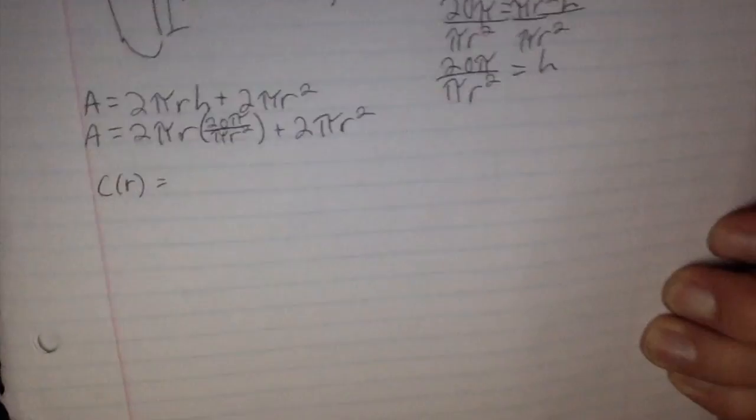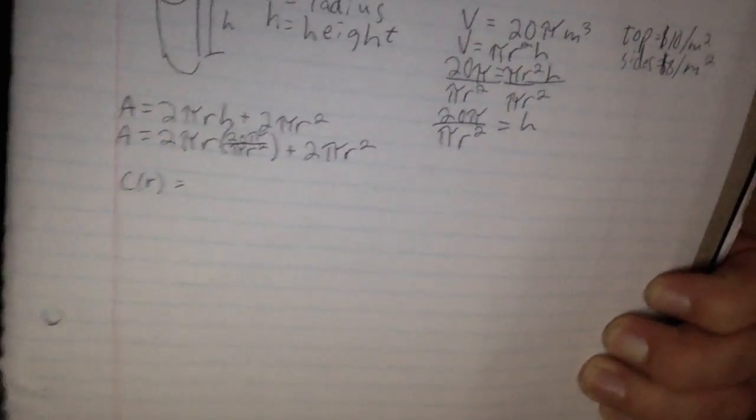And next we're going to write down the cost, which is what we're looking for. We want to try and find the can that is going to give us the most volume and minimize the cost.